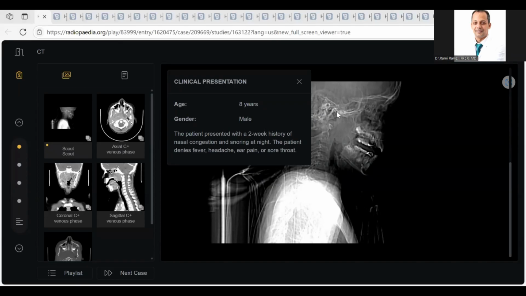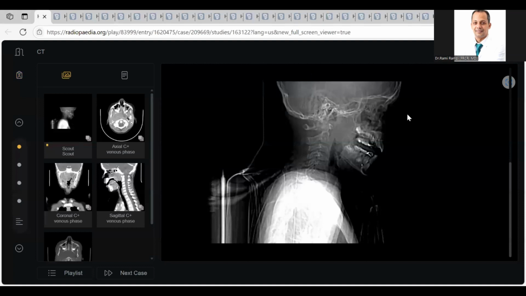An 8-year-old male patient presented with a 2-week history of nasal congestion and snoring at night. I'm provided with a scout image of the CT neck and chest region. It's a scanogram in which I can appreciate a large soft tissue opacity in the prevertebral region and along the base of the skull.